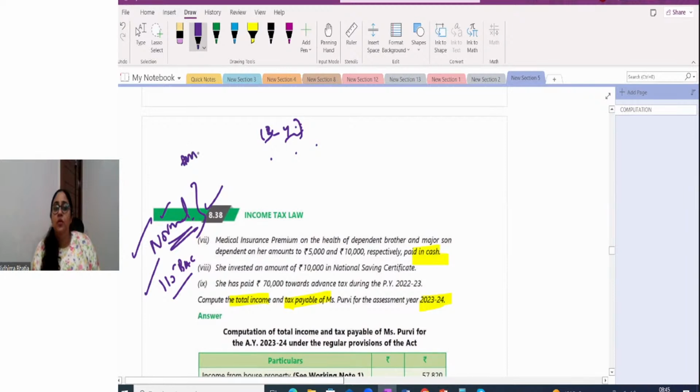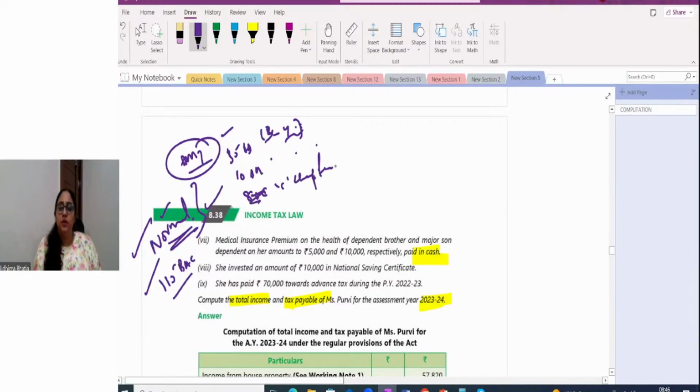Similarly, AMT computation would not be written. When there is 35AD, when there is 10AA, or any deductions under Chapter VI-A, you have to automatically compute AMT. So these are your checkpoints first.